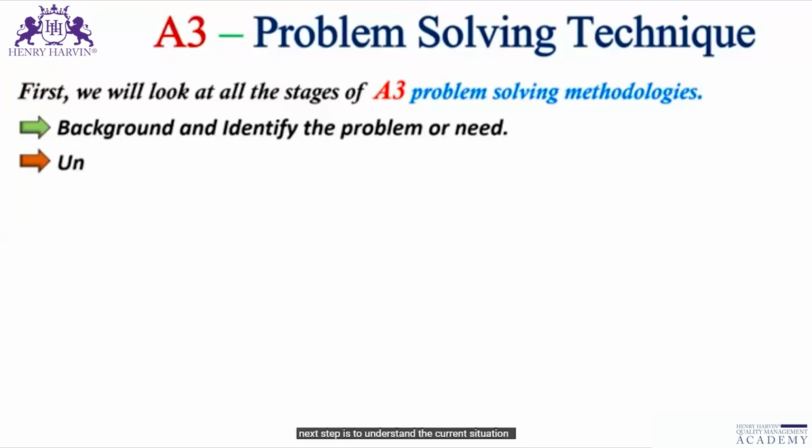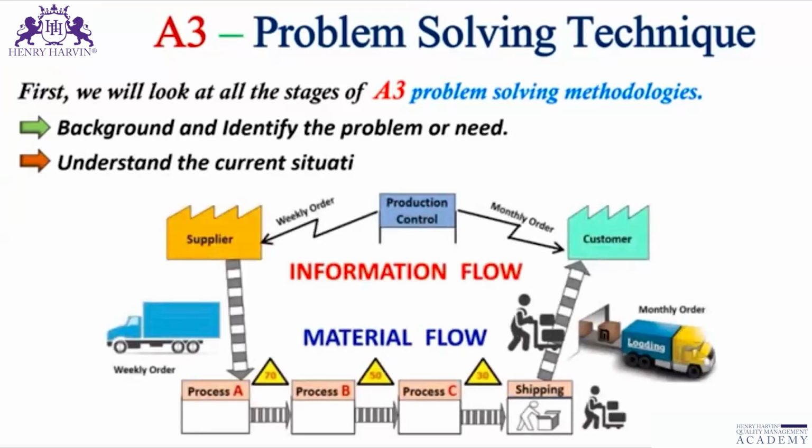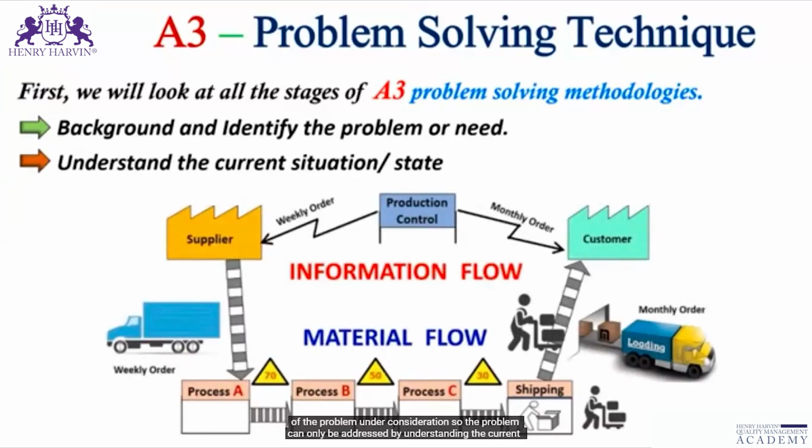Next step is to understand the current situation of the problem under consideration. The problem can only be addressed by understanding the current situation with the help of visual depictions. Toyota indicates that it is important to determine the extent of the problem.